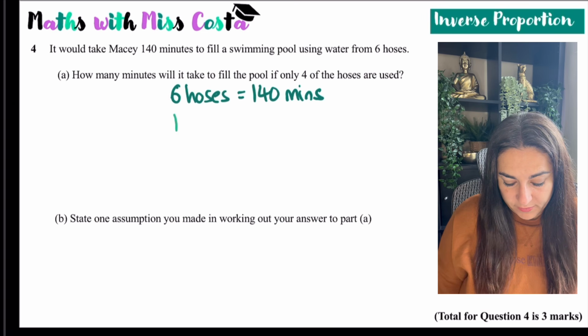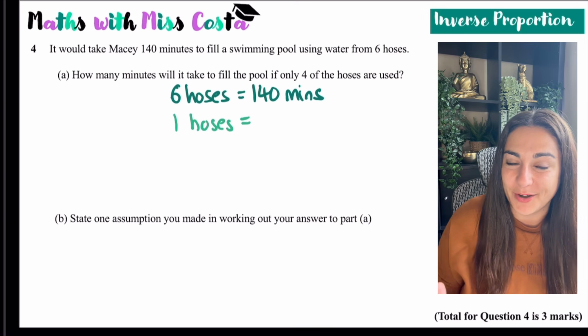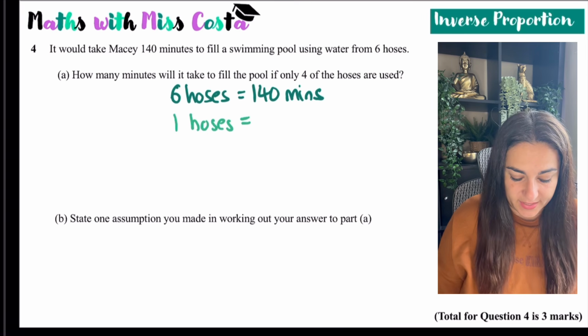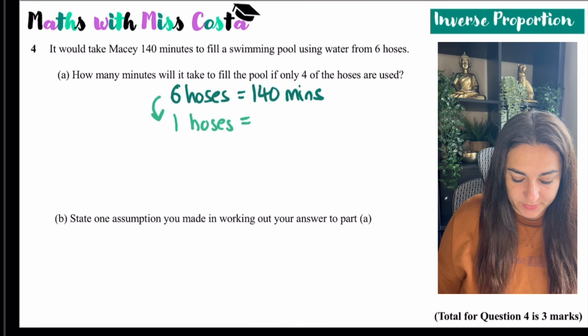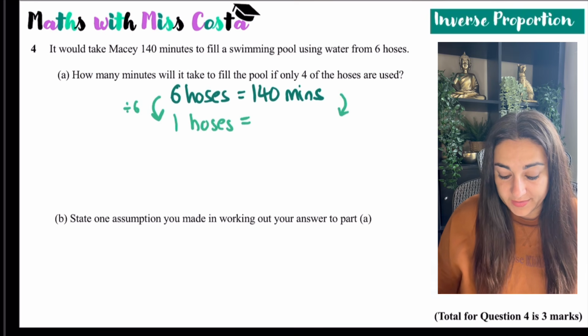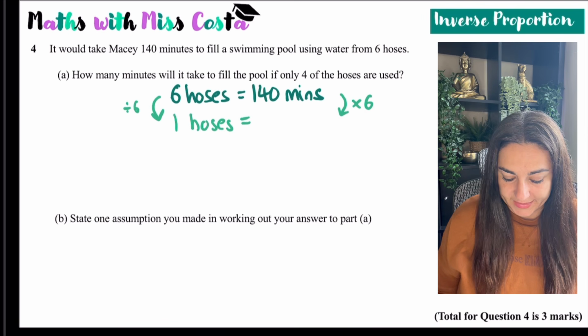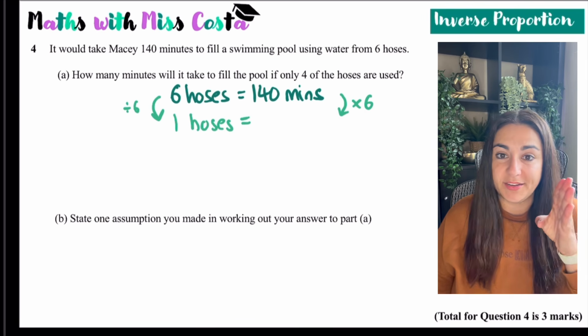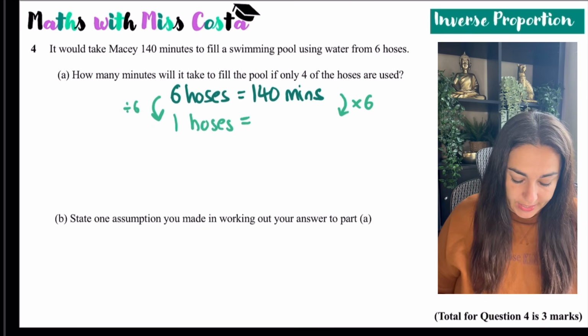With inverse proportion, it's the inverse to direct proportion. So whatever we do to one side, we're going to do the inverse operation to the other. To get from 6 to 1, I'm dividing by 6. So on the other side, I'm going to need to multiply by 6 to figure out how long it would take. Whatever you do to one side, you do the inverse calculation on the other side.